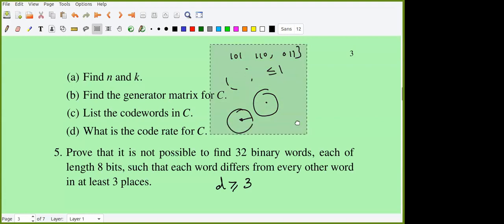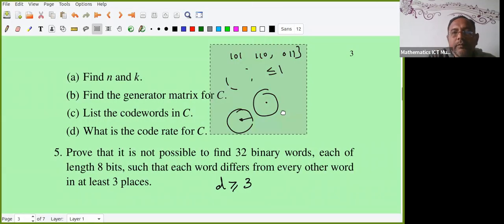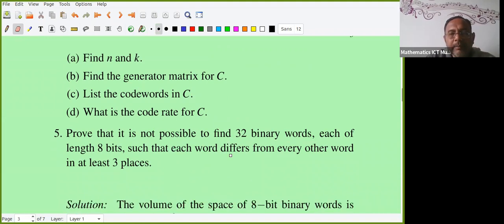Very good. So there are at most 9 in total. Are you following that part? Yes, there are 9 in each one, correct? I hope that part is clear.